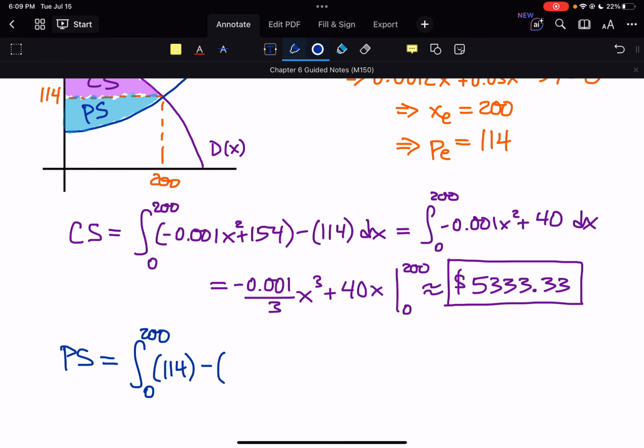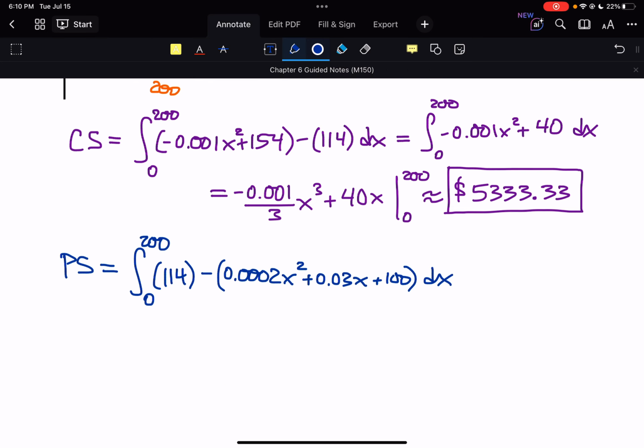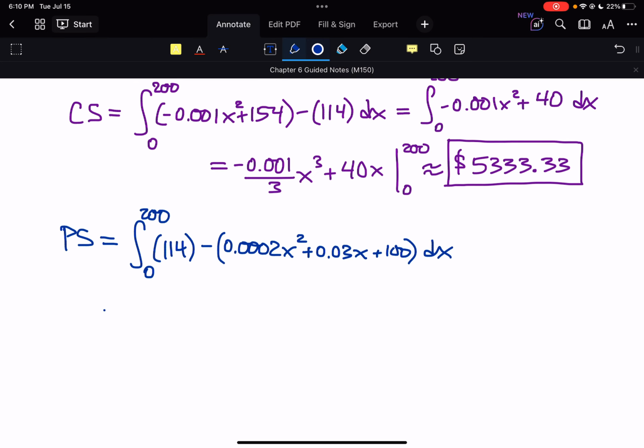So that's the negative 0.0002x squared minus 0.03x, and then 114 minus 100 is plus 14.